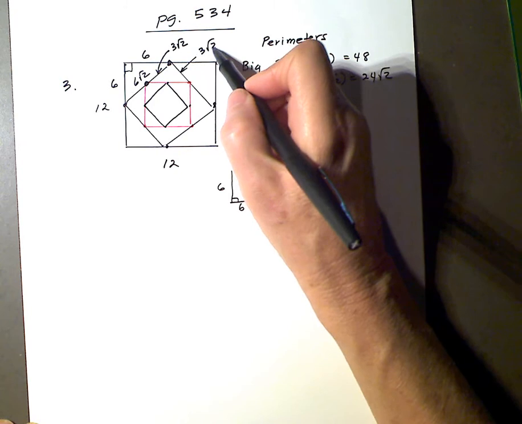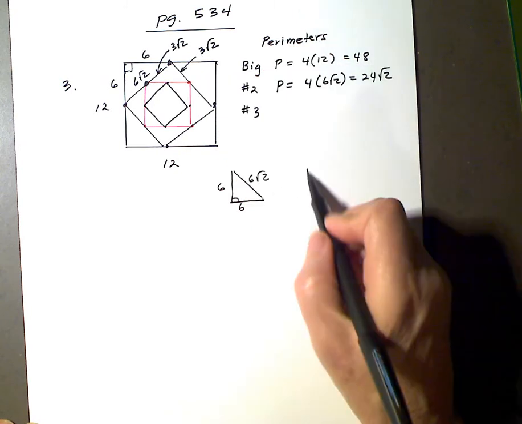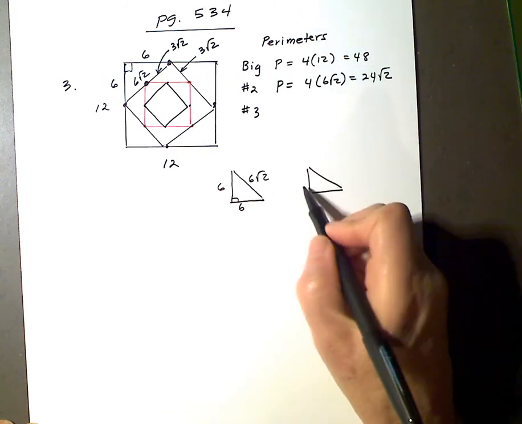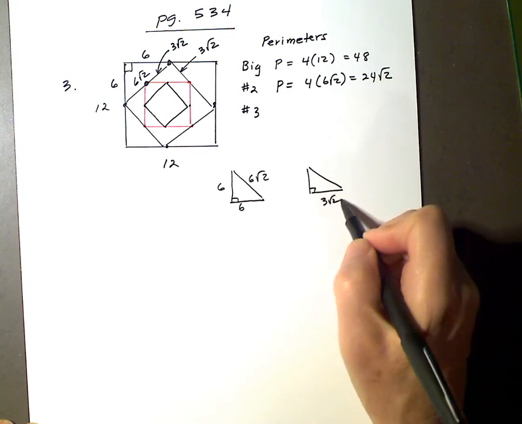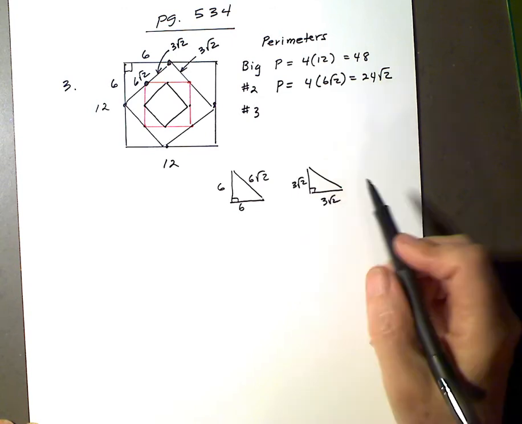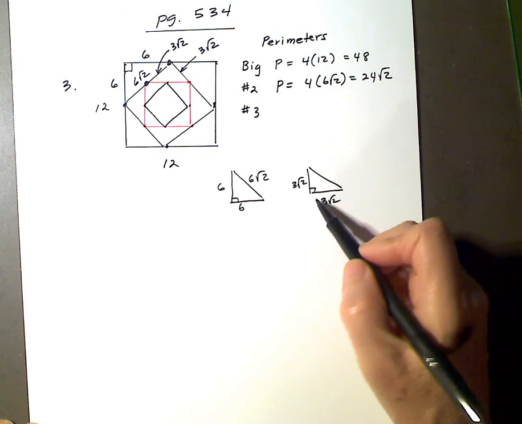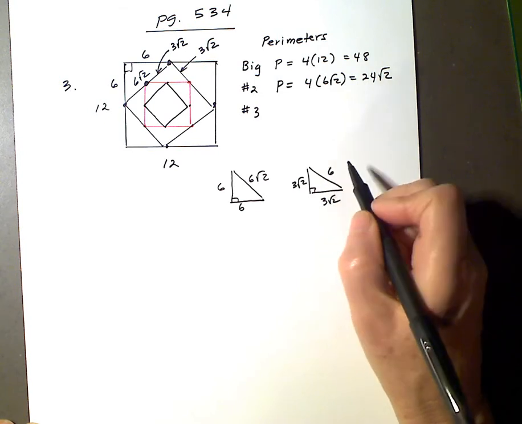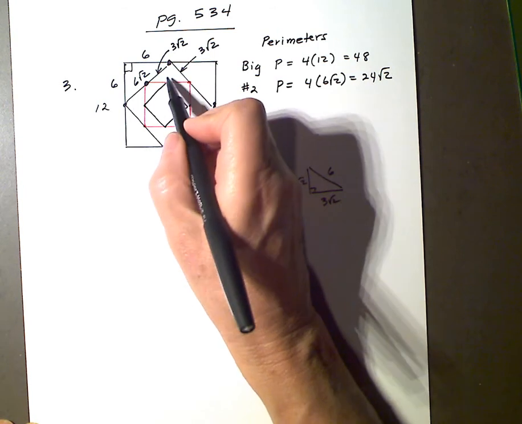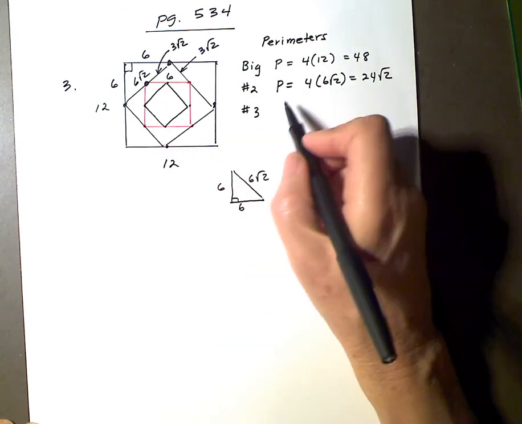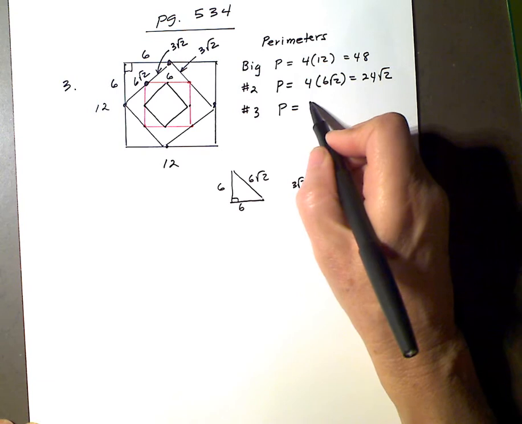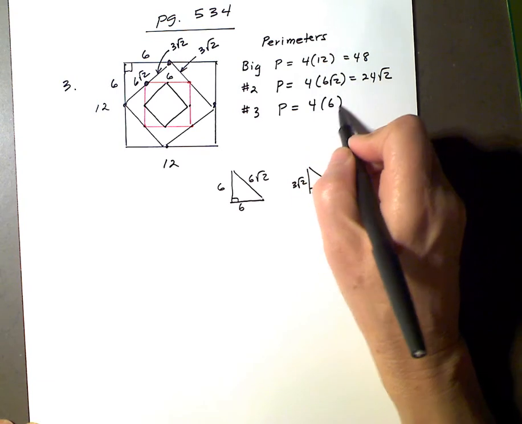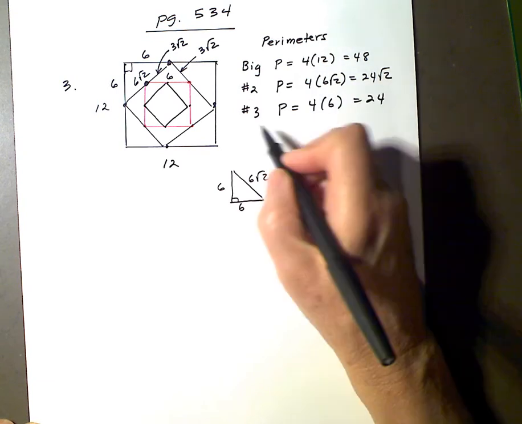So again, now I have a 45, 45, 90, where the legs are 3 root 2. And so when I multiply 3 root 2 by root 2, I get 3 times 2, or 6. So that means that this piece here is 6. So the perimeter of this next square is 4 times 6, or 24. So that pattern is going to continue, and so on.